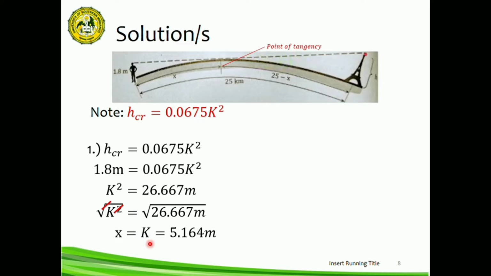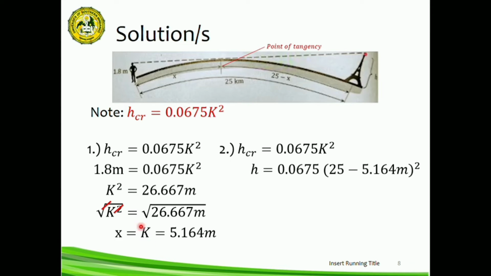Ang next po natin gagawin is kukunin na po natin yung tinatanong sa problem, which is the height of the tower above sea level. So, we have here HCR equals to 0.0675 K squared. At itong H na ito, ibig sabihin, height po ito ng tower.